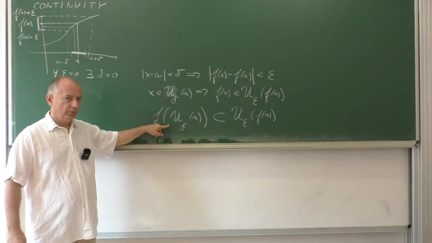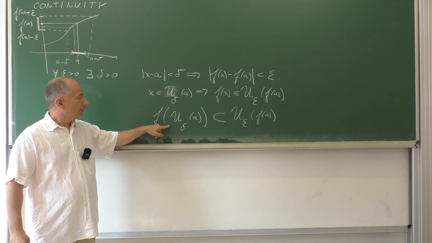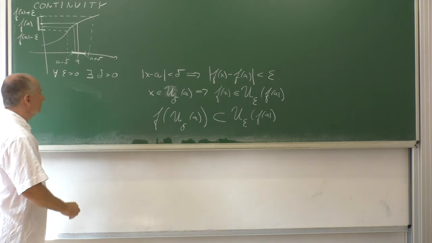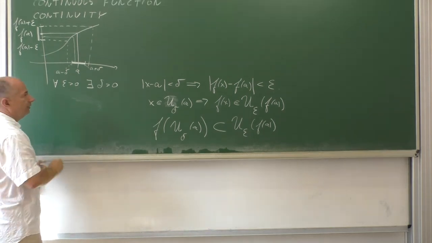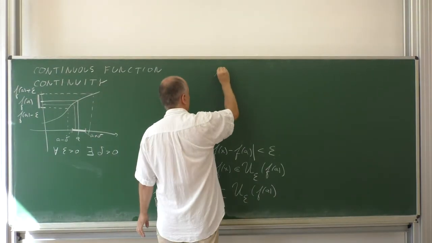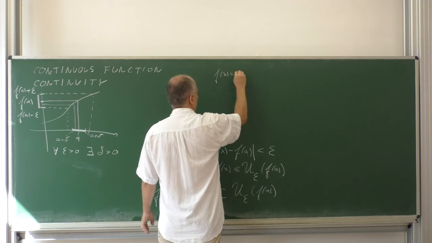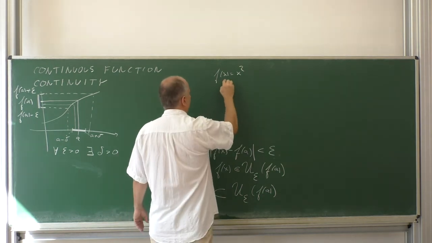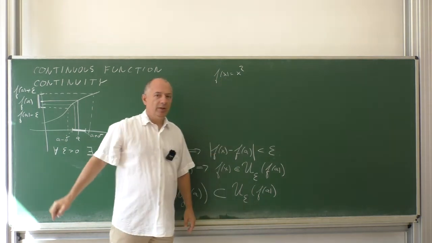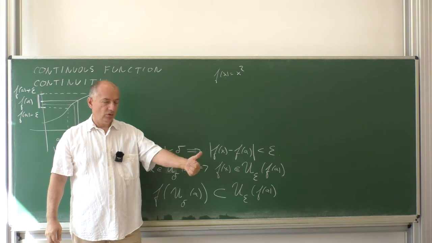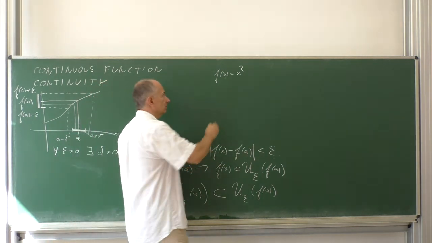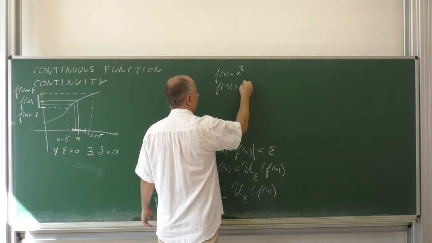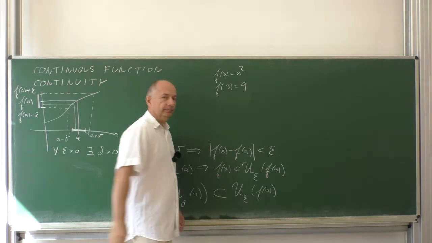This notation is maybe new for some of you, and this needs a little explanation. If we have a function, say f(x) equals x squared as an example, then what appears in the bracket may be either just one number or a set of numbers. That means if we have just one number, say 3, then the result is 3 squared, which is 9.